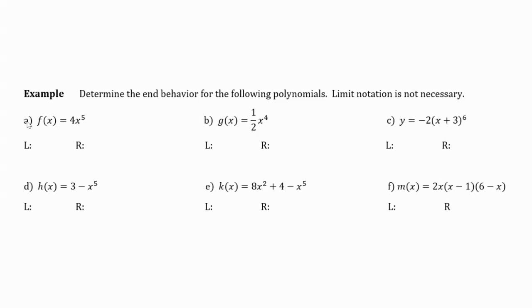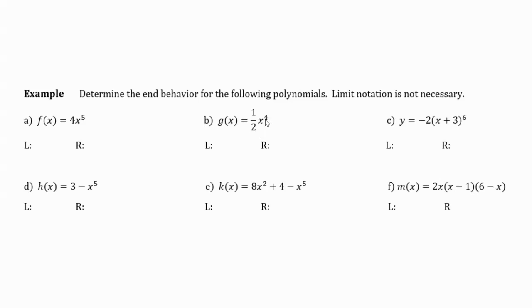All right, in A, I have a positive odd function. So it will be a line that climbs, which means the left side of the graph will be going to negative infinity and the right side to positive infinity. In B, I have an even positive lead coefficient.